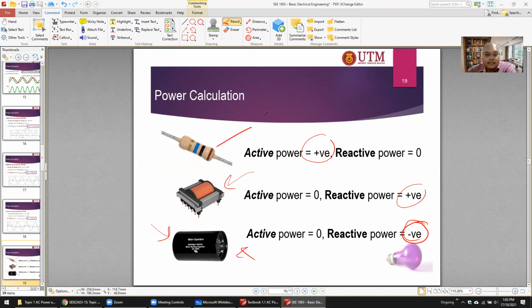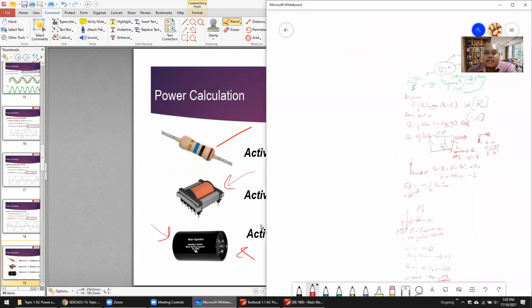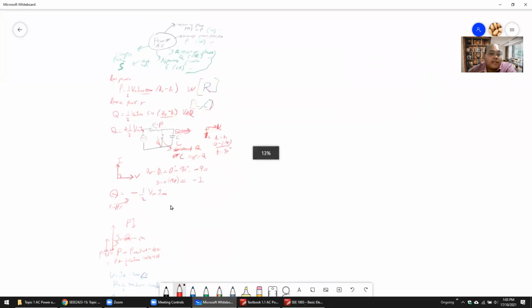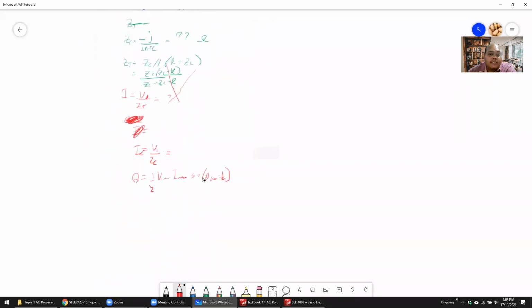This is important because you will use this in the power factor correction as well in your assignment.